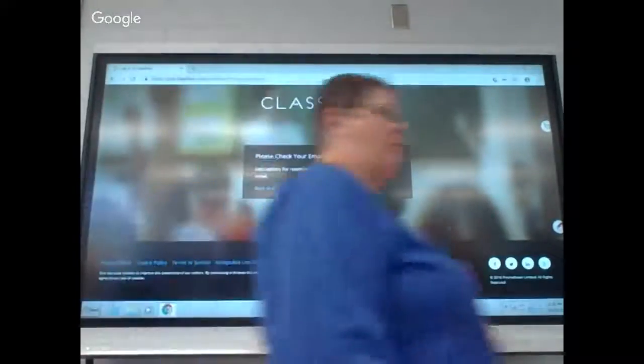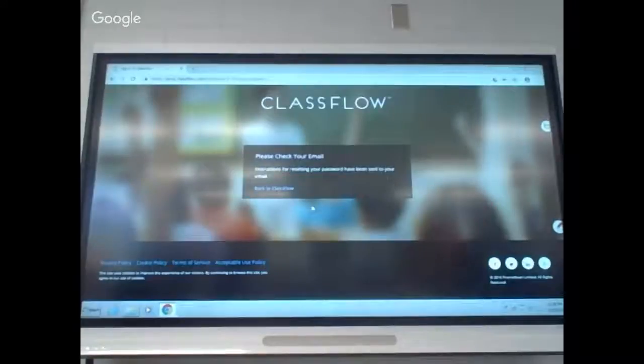Hold on, I'm resetting my password. It says it will not let me log in with my password. The password is wrong. It's not wrong. It wasn't wrong earlier today when I used it.